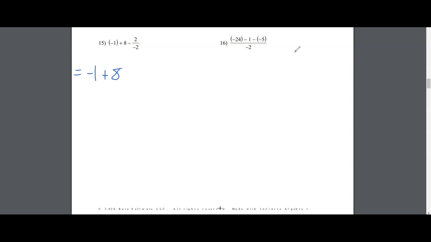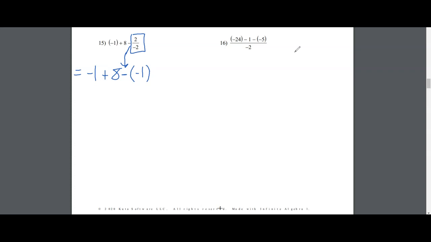So once you've simplified what's inside of the parentheses, or if it's just one term, you can take the parentheses away, and negative 1 is just a single term. 2 divided by negative 2 is going to simplify to a whole number, negative 1. Notice I also have this negative sign in front of the fraction, so I also have to bring that down as well.